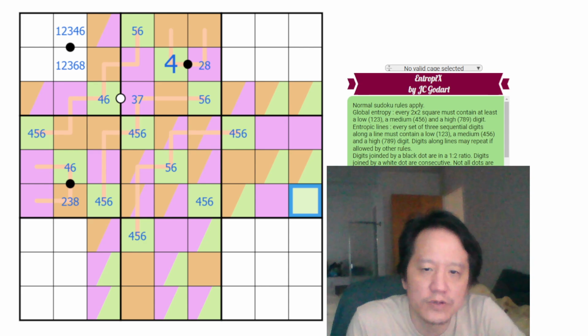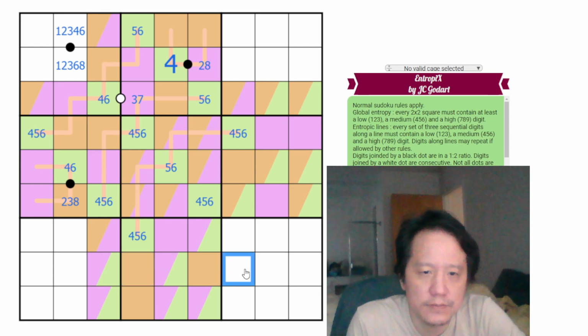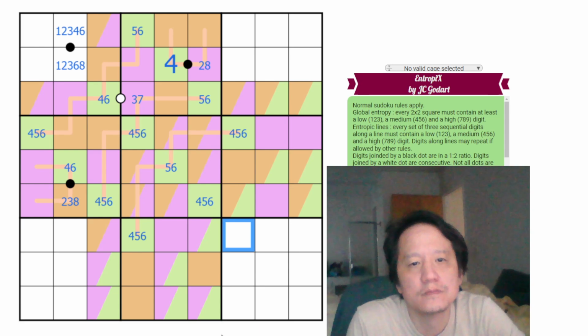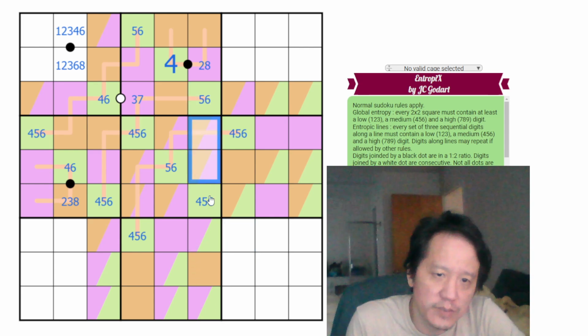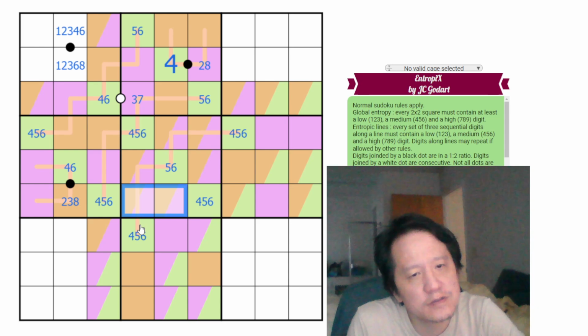This is green or orange. Okay. So one of these has to be pink. One of these has to be orange. But we have no guarantee about anything else.